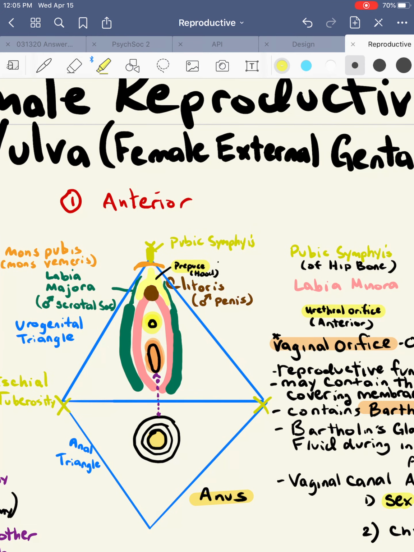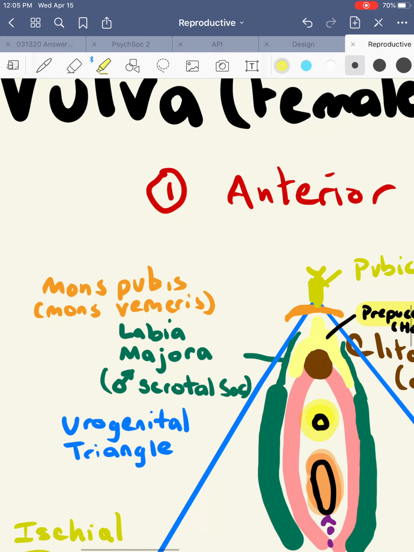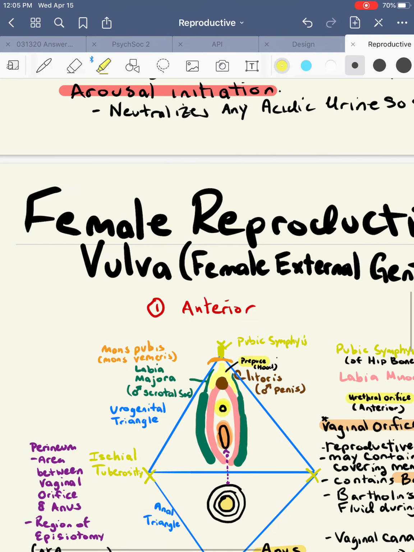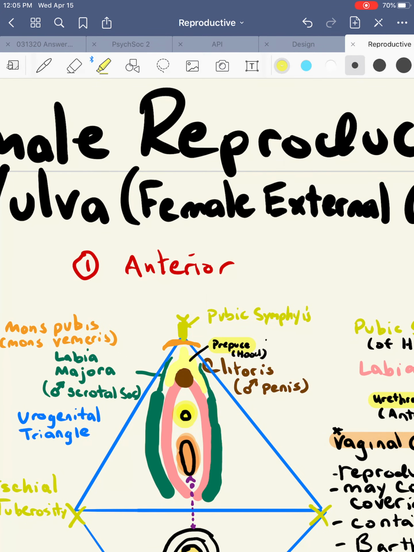The next part I want to talk about is the Mons pubis, right over here. It's called the Mons pubis because it is adjacent to the pubic symphysis, right? And where was the pubic symphysis?